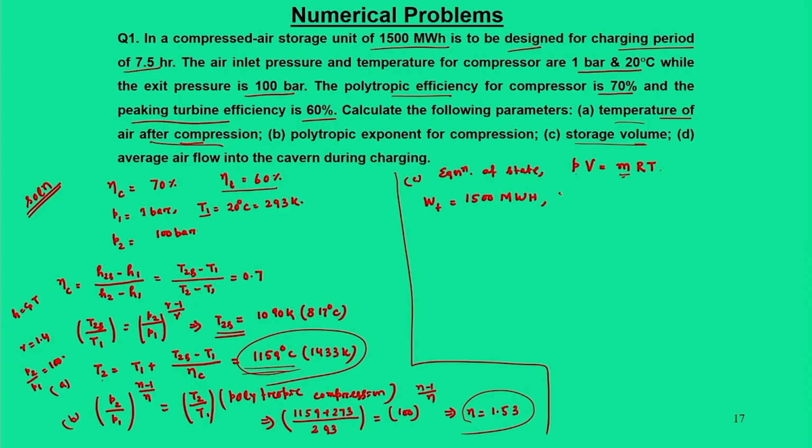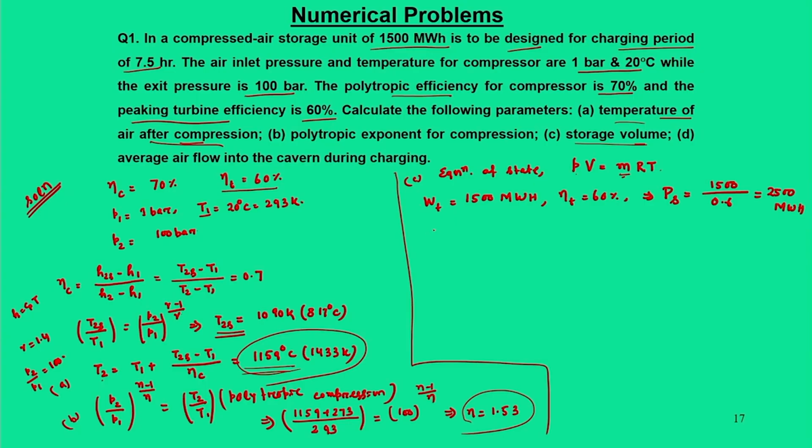If the turbine is 60% efficient, then this implies your storage power should be 1500 divided by 0.6, that is 2500 megawatt hour.